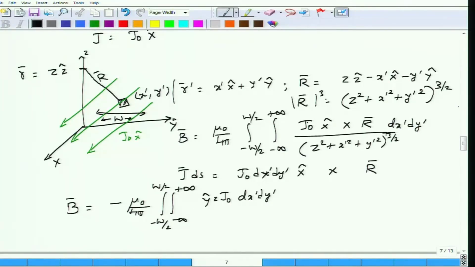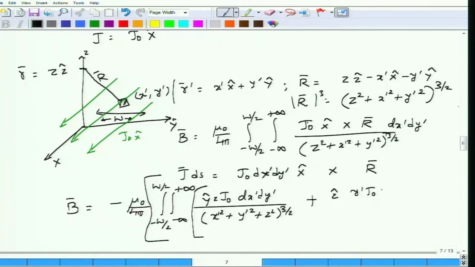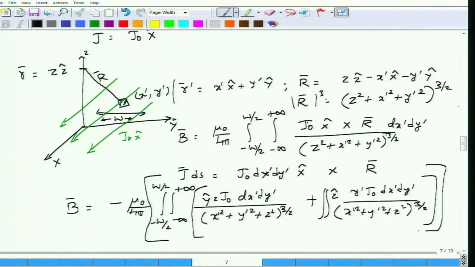In the numerator I have z divided by x prime square plus y prime square plus z square to the power 3 by 2 as it is, and then I have another integral which is along the z axis, and that is y prime J0 dx prime dy prime, divided by the same x prime square plus y prime square plus z square to the power 3 by 2. So, this denominator is actually the same and there are two integrands up there.